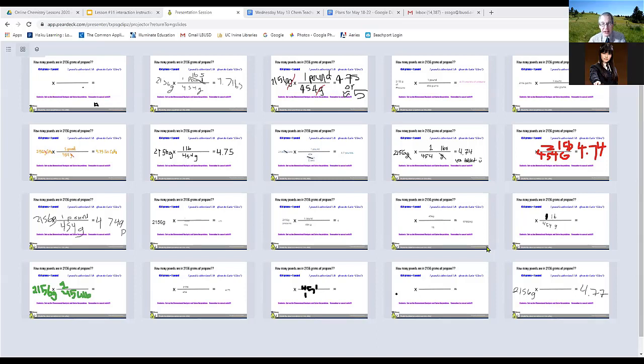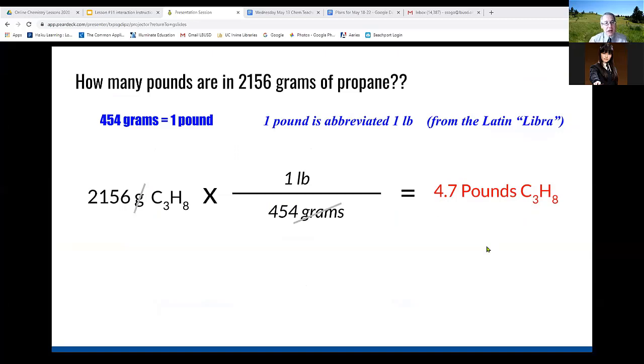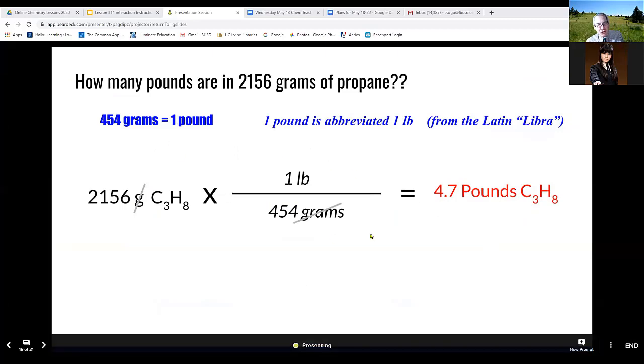So let me show how I would set it up and say why, and hope you can learn from that example. Okay, here we go. So the conversion factor relates the pounds and the grams. And I wrote it with grams on the bottom so that the grams in the beginning would get canceled.